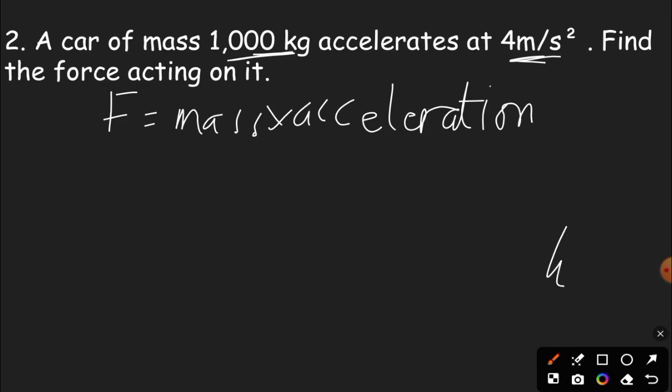exerted by any object. For example, a car having a mass of 1,000 kilograms accelerating at 4 meters per second squared. Now the engine and the wheels of the car are what is helping the car to accelerate at this rate. So take note, force is mass times acceleration. Weight is mass times acceleration due to gravity, whether gravity is on the Earth, on the moon, or any other planet.